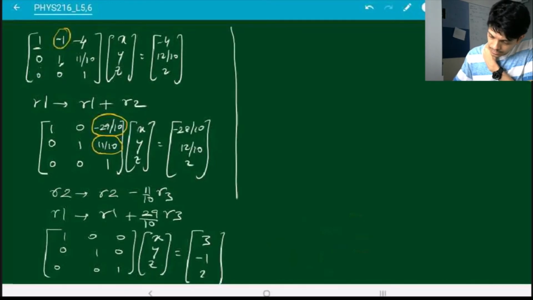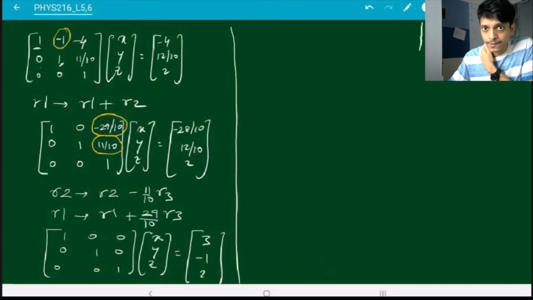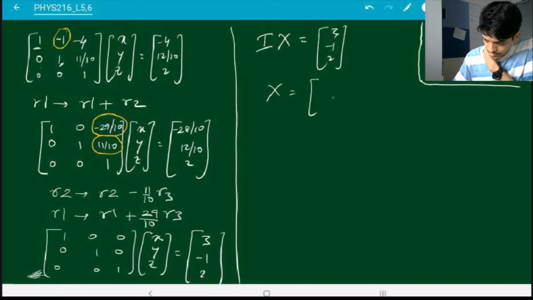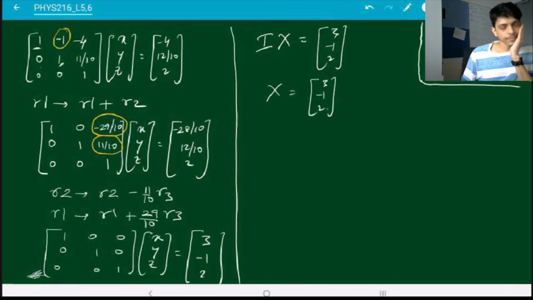What we have done is we have converted our matrix A, by doing these row transformations, into the identity matrix. So basically we now have I times X equals 3, minus 1, 2, but identity times any matrix by definition is just X. So this is the solution.